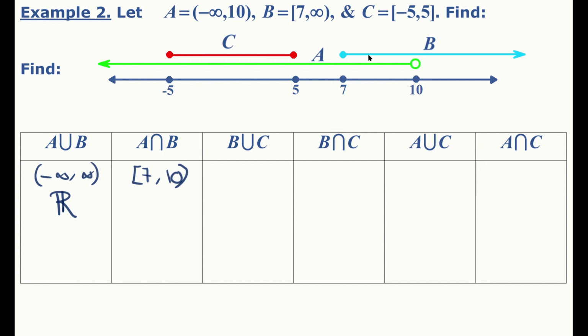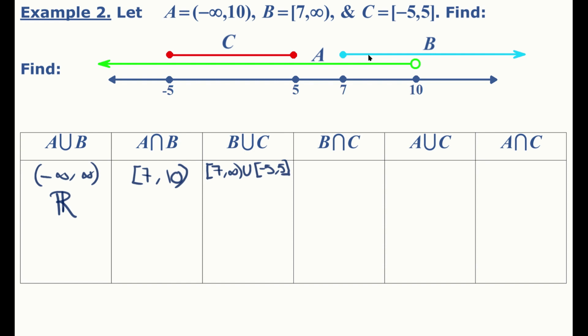So the way we show that is we just write each interval and we put a union between them. So we're going to have B, which is 7 to infinity, union C, which is -5 to 5.